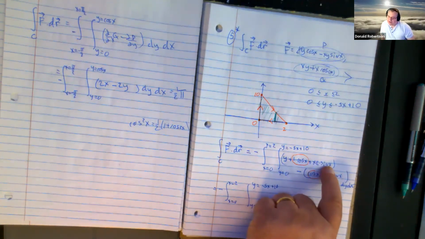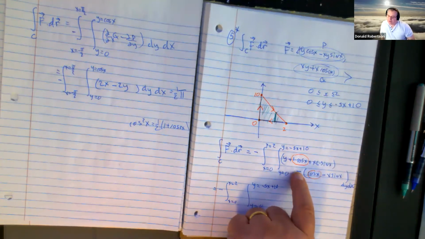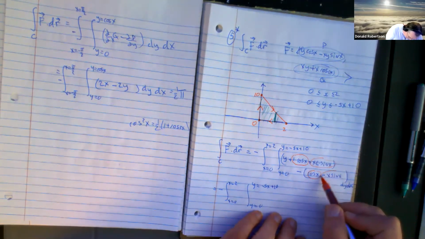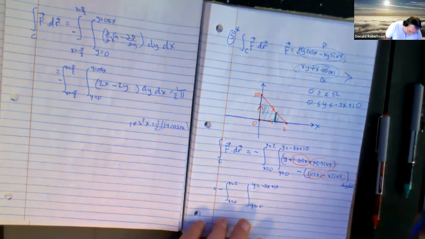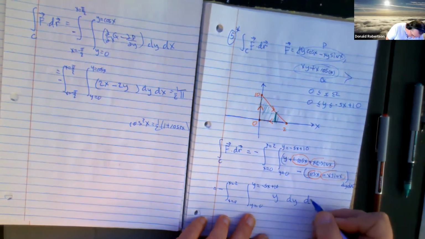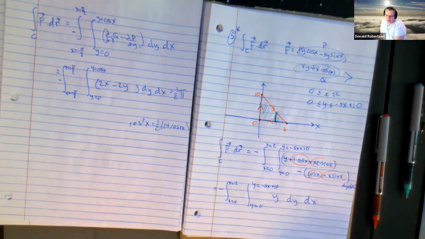Now, do you see this -x sine x? Doesn't it get killed off with this plus x sine x? So it wasn't scary at all. It was just y. That is kind of cool, now that I see it.